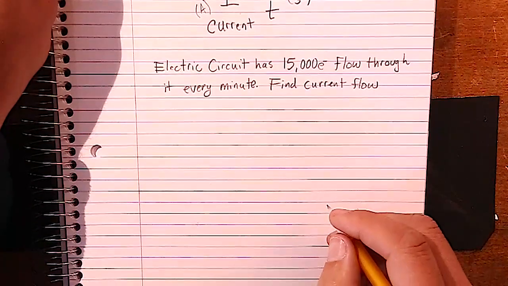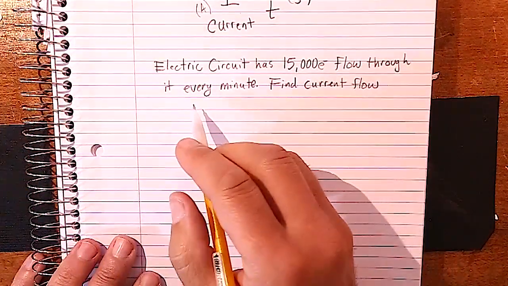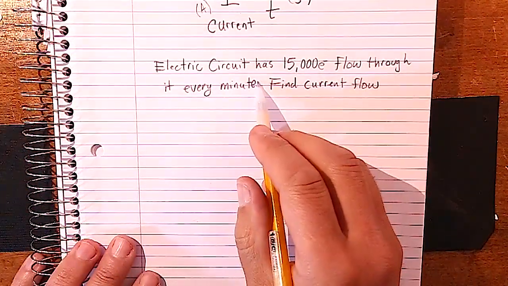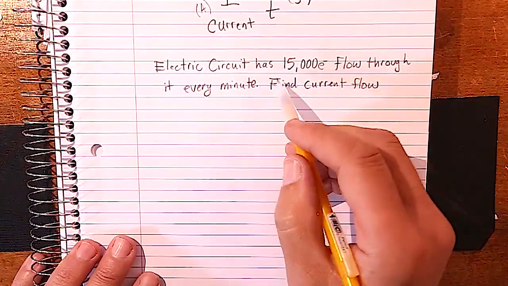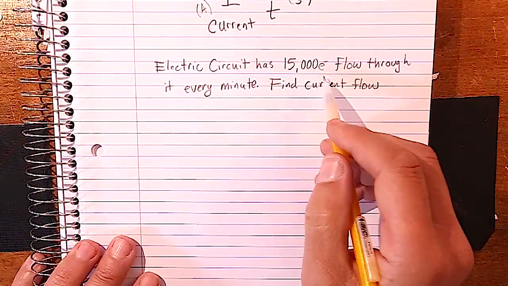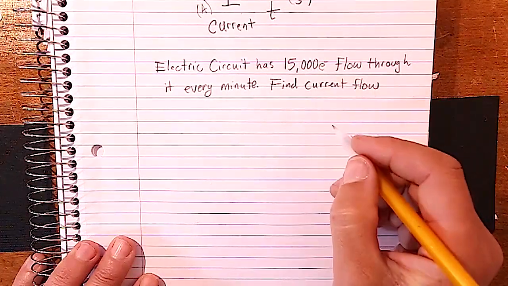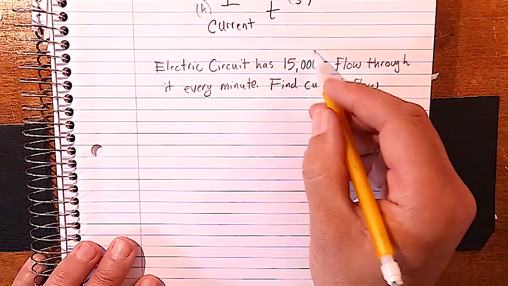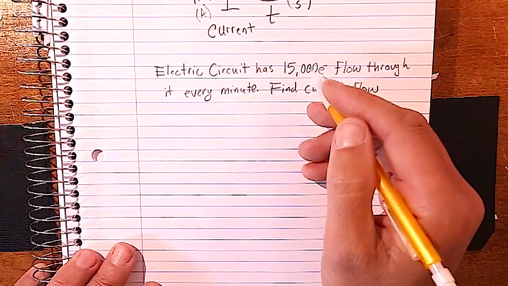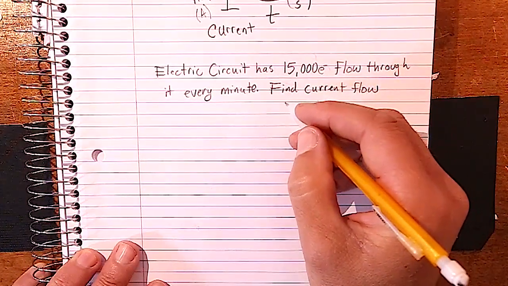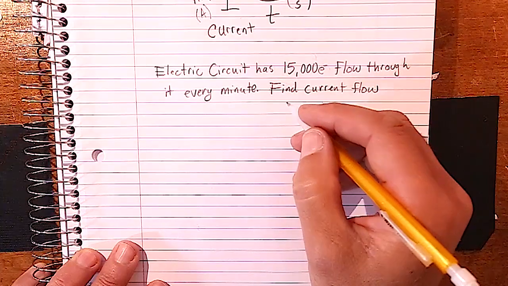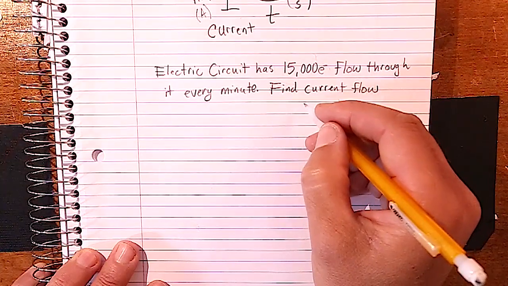So let's say we try to solve a problem using this formula. We have an electric circuit, so this means some wires, and 15,000 electrons flow through this wire every minute. Find the current flow. Well, this is not Q. That's not measured in coulombs. So what we need to do first is convert 15,000 electrons to coulombs.